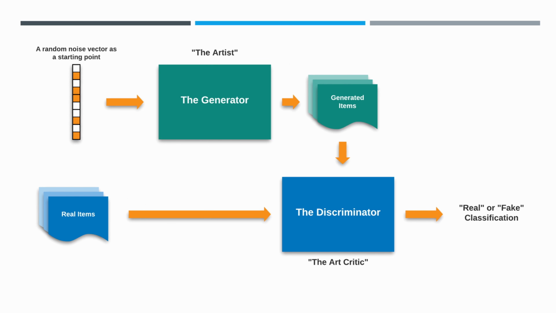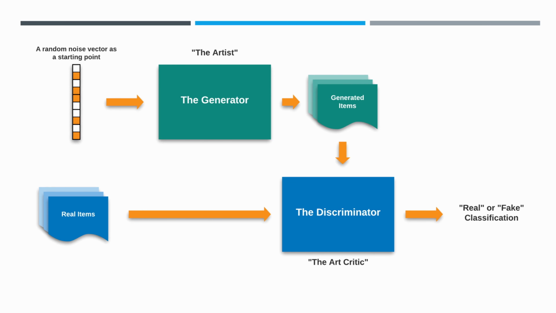Now, this is what a typical GAN would look like. We have the two networks, the generator and the discriminator. The generator is our artist and the discriminator is our art critic.